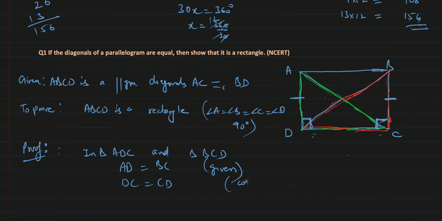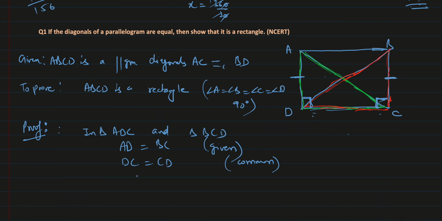DC, CD is the common side, right? You can see the side with double colors, that common side. Then diagonals are given equal, so AC equals BD. So by what rule are the triangles congruent? All three sides. So by SSS, triangle ADC is congruent to triangle BCD.